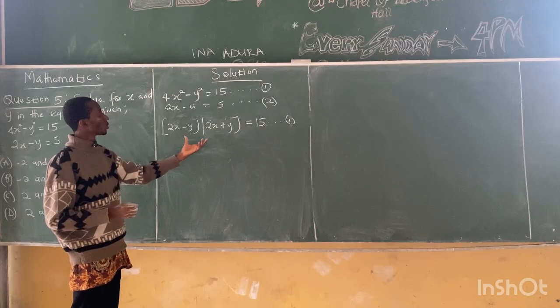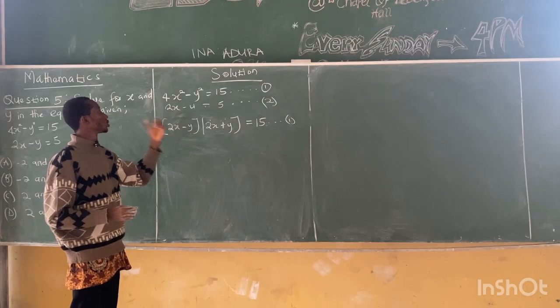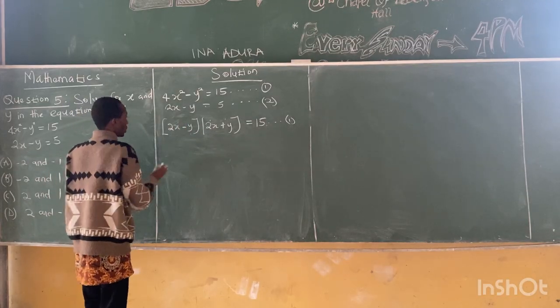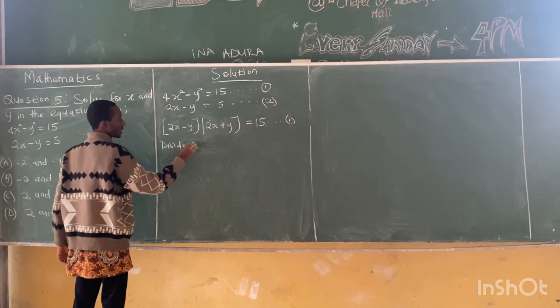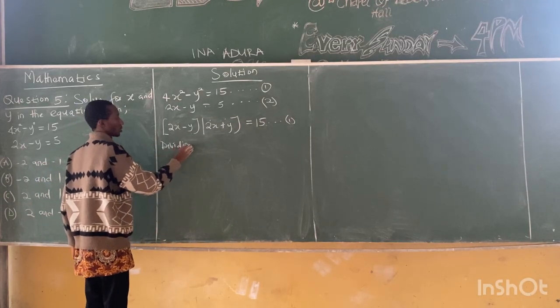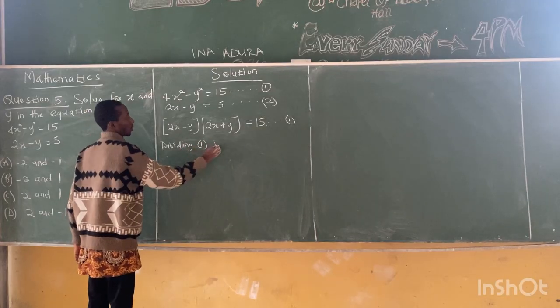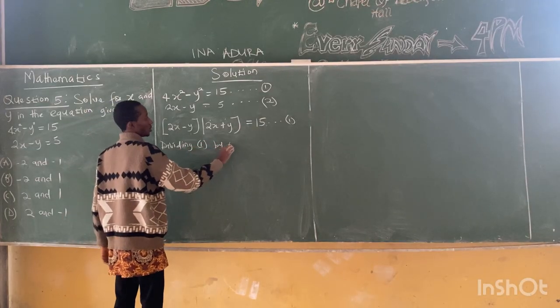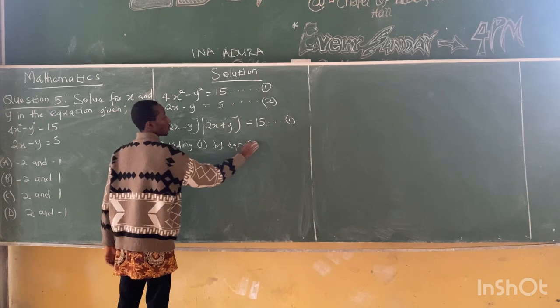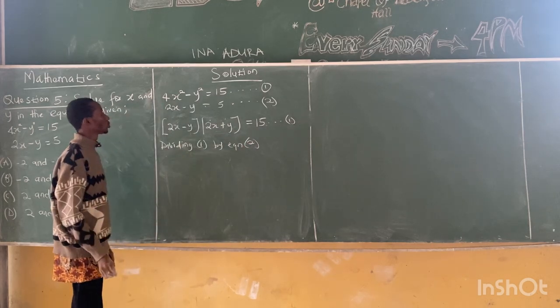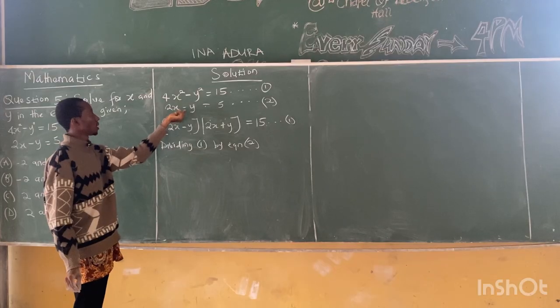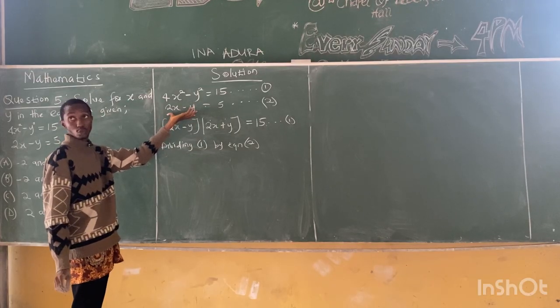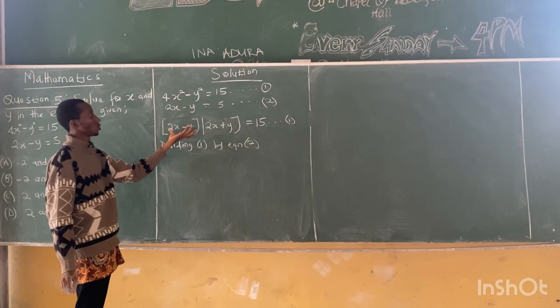Now you divide equation 1 by equation 2. If you observe, there's something common. We have 2x minus y in equation 2, and we also have that in equation 1.